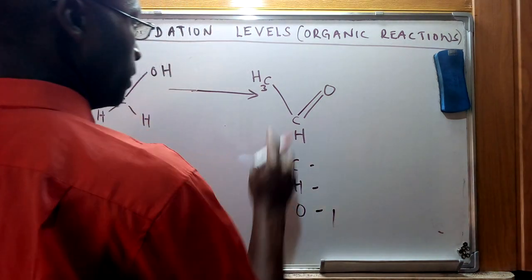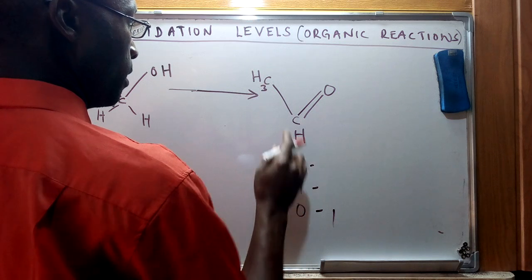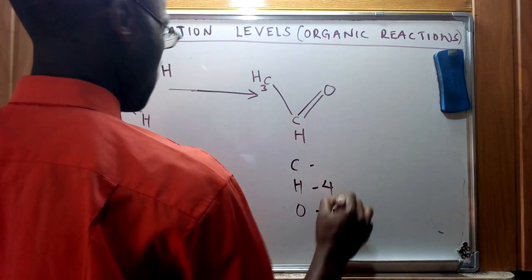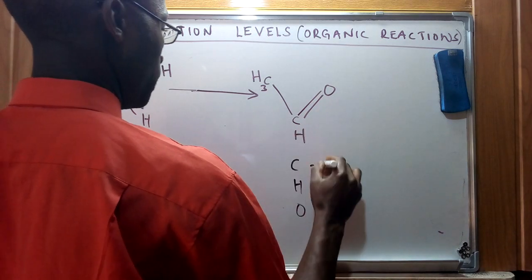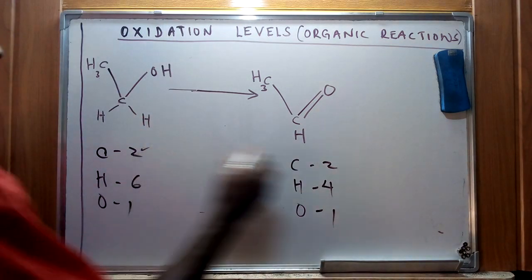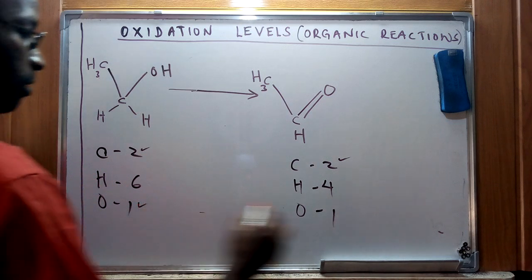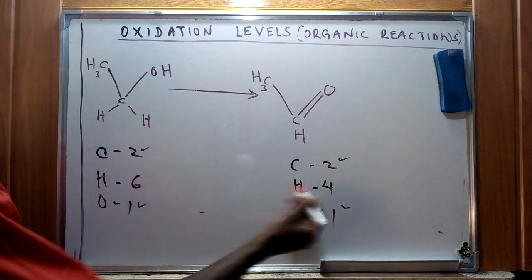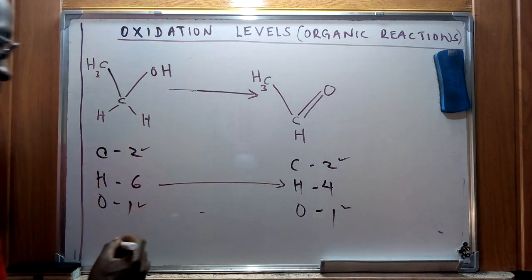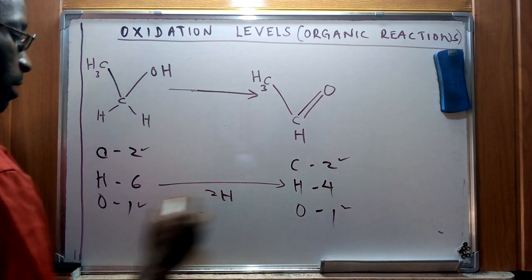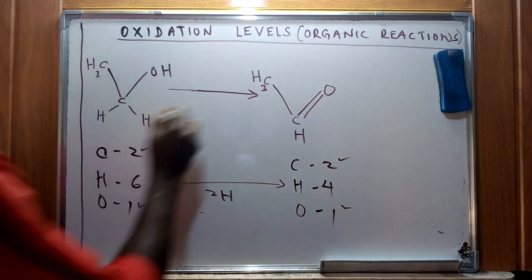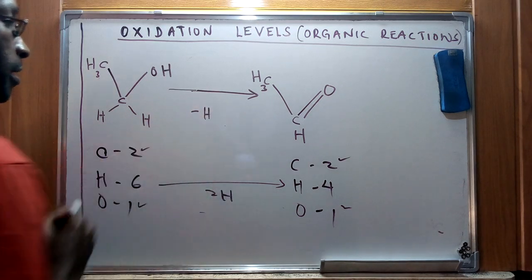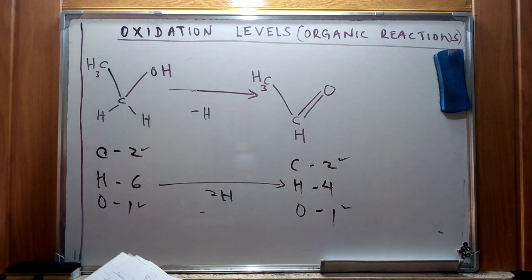The number of hydrogens in the second compound is just 4, with carbon 2. So the carbons have been maintained and oxygen maintained, but there's a loss of 2 hydrogens, from 6 to 4. Therefore, this reaction takes place by loss of hydrogen.